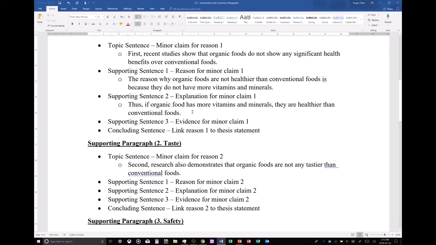So the explanation provides the logic in supporting the reason in your claim that supports your thesis statement.